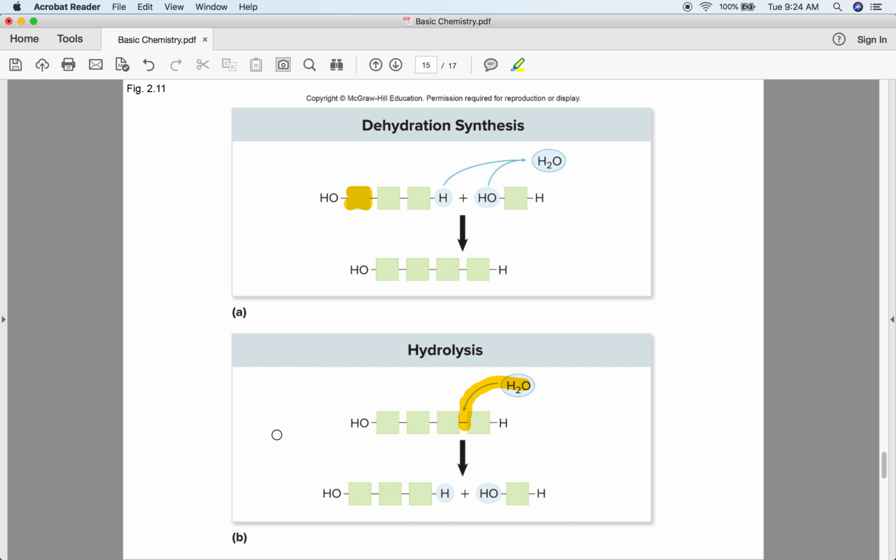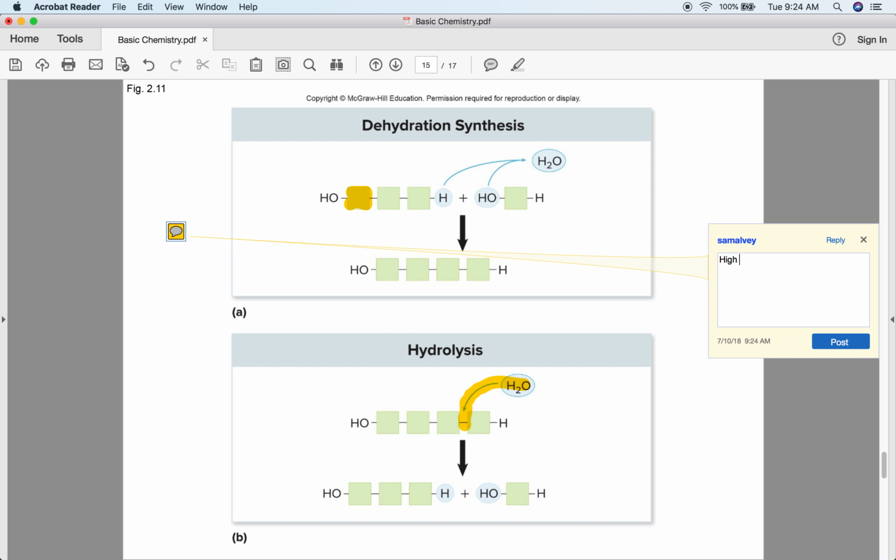Some other important properties of water that you want to know, all right, and let me just write these out for you, is that it has a high specific heat, all right, which means it takes a lot of energy to warm water up. It is adhesive, right? It sticks to other things.